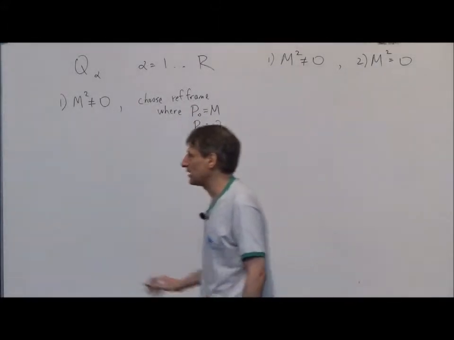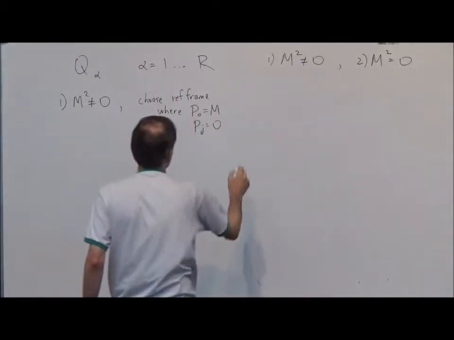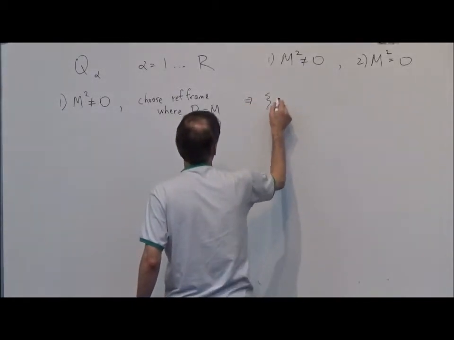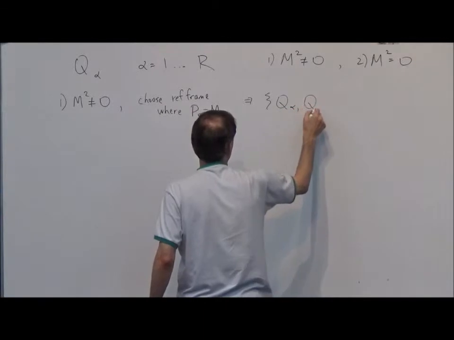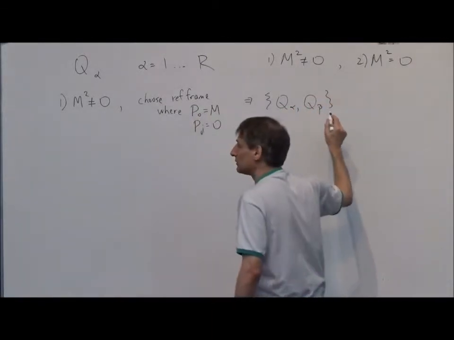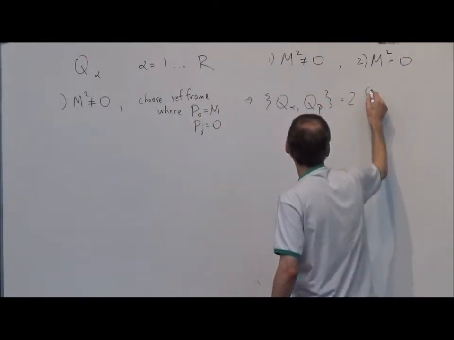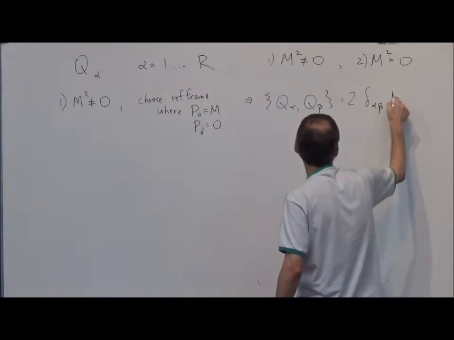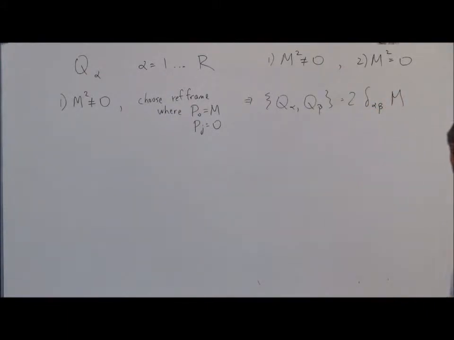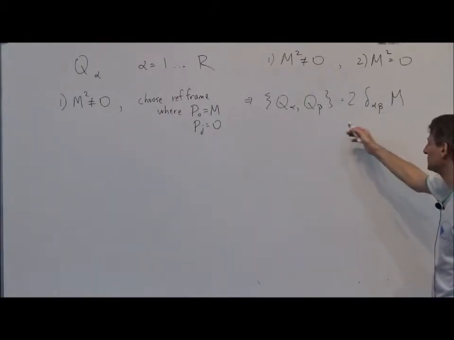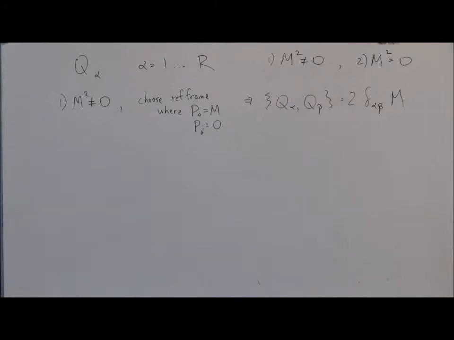So in that case, this algebra just becomes {Q alpha, Q beta} equal to delta alpha beta. Well, if I divide Q by the square root of 2m, this is just the Clifford algebra. It's precisely the same algebra we saw on Monday.